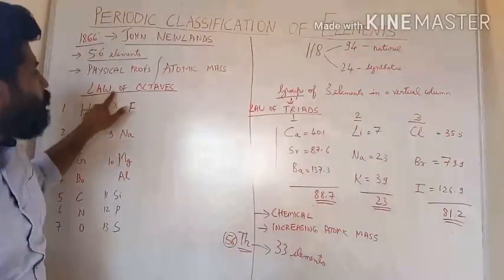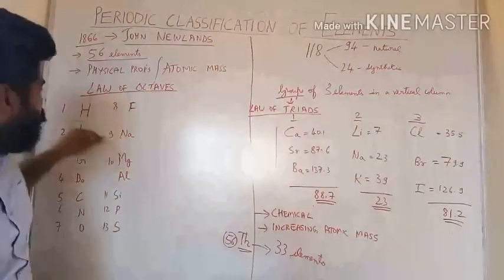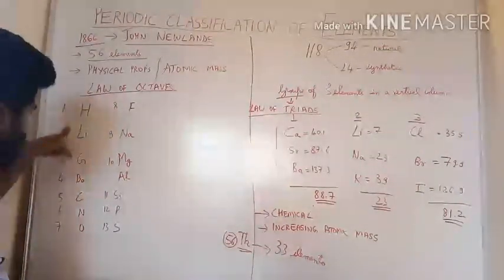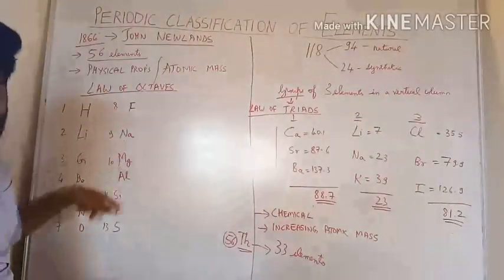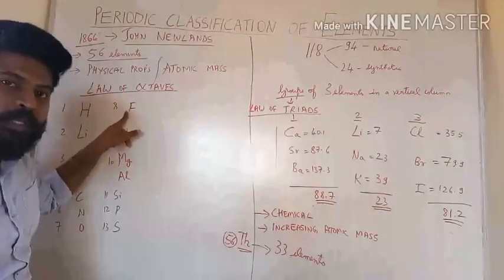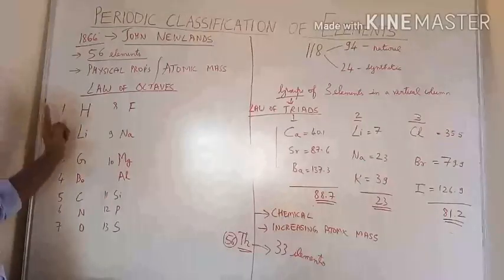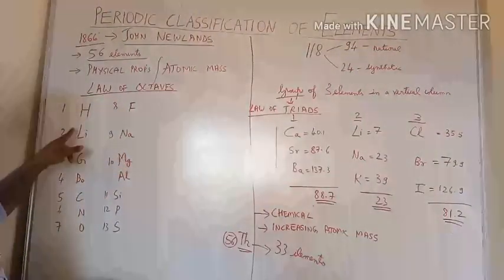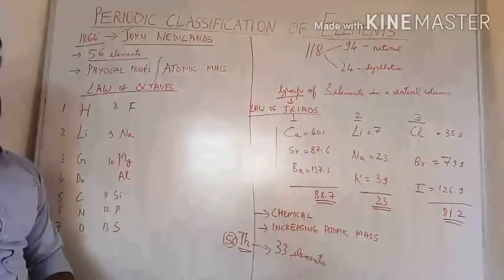That is why he called his law the law of octaves. When elements are arranged in the increasing order of atomic mass, the properties of the 8th element will resemble the properties of the first element. Similarly, properties of the 9th element will be similar to properties of the second element.